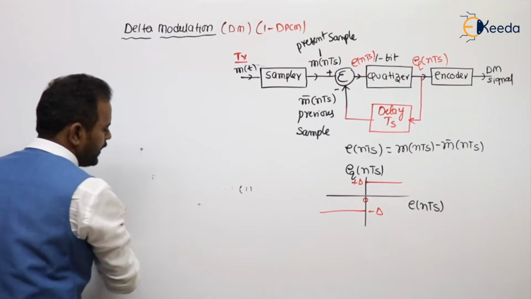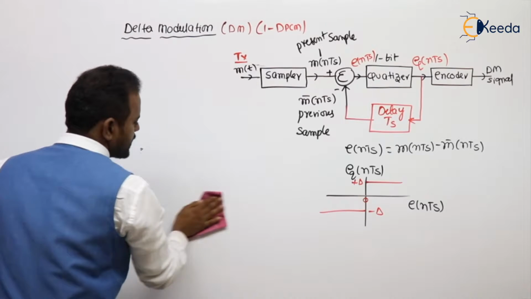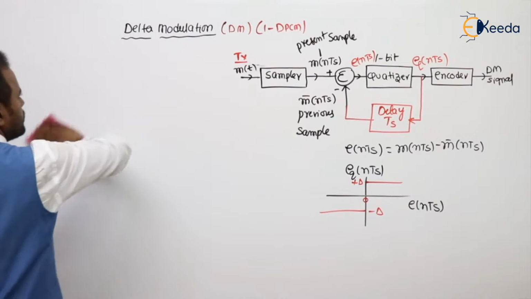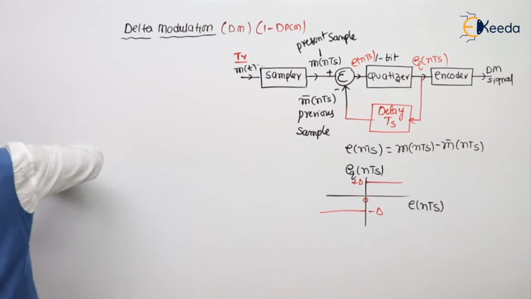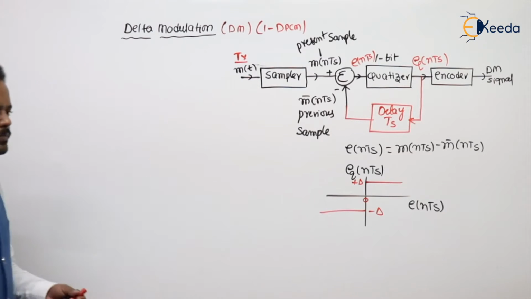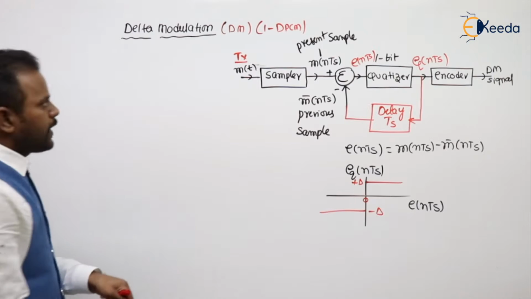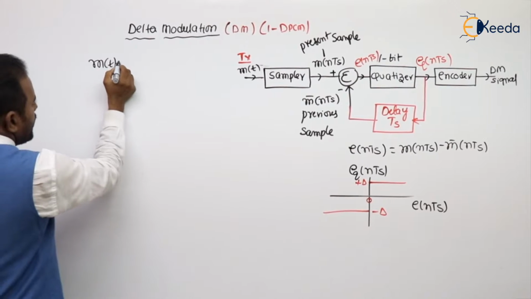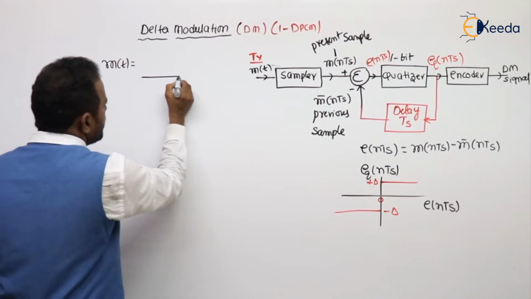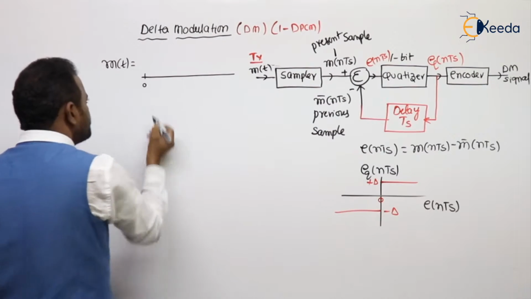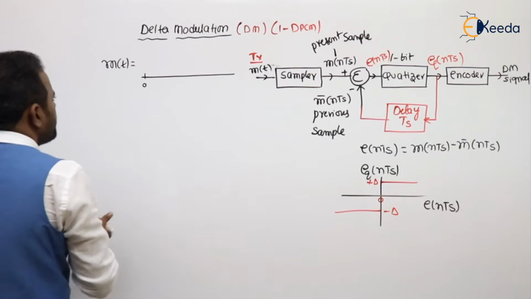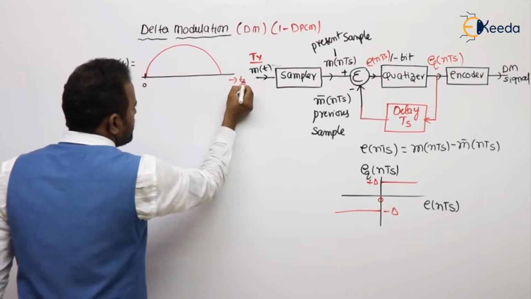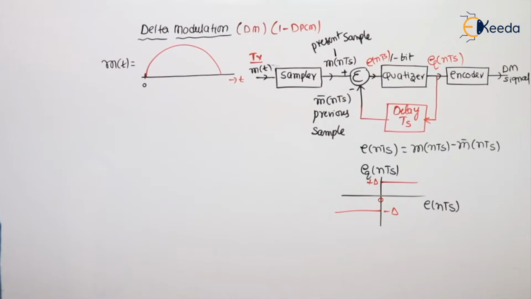If you give the m of t, I will show you how that DM signal comes. For example, I have a message m of t, let me take one sine pulse. For example, this is our m of t.